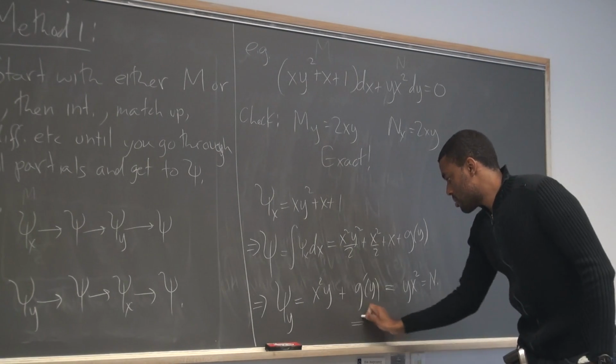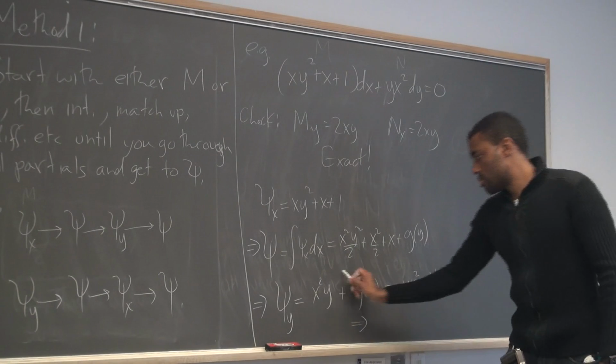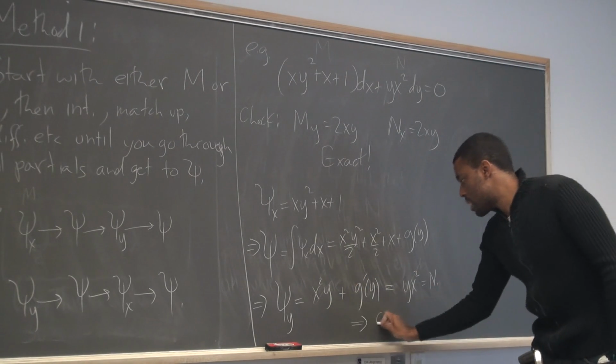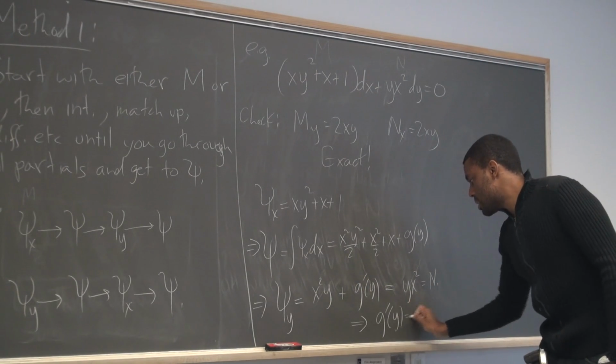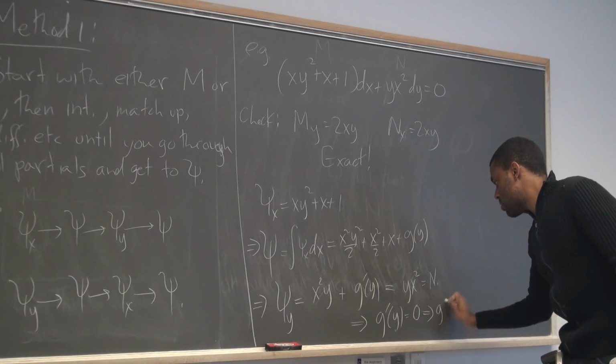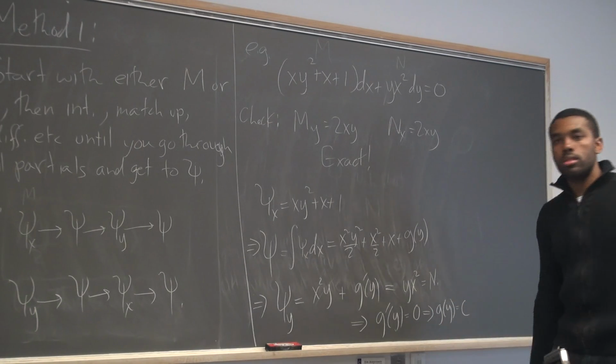But what does that mean? So subtract this from both sides. That means g prime of y is actually 0, which means that g of y is actually a constant.